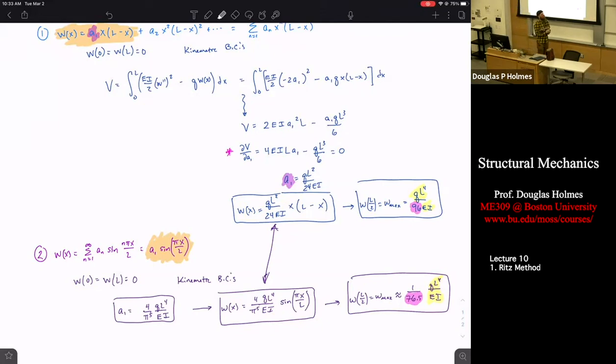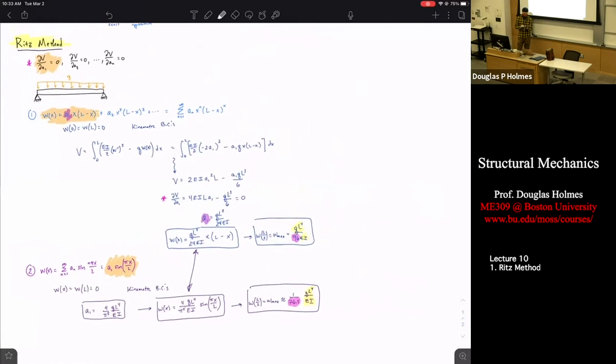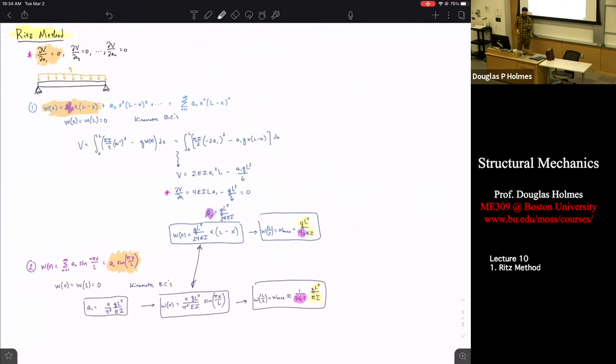Any guesses? Are we guessing which one's more accurate or why necessarily just why they're different?